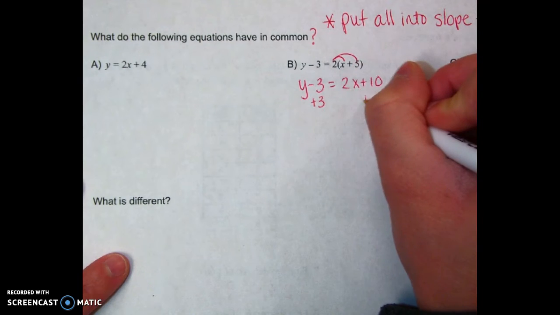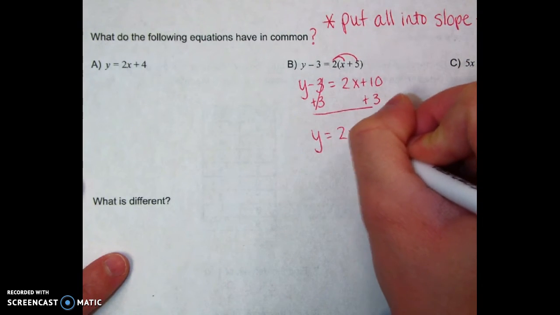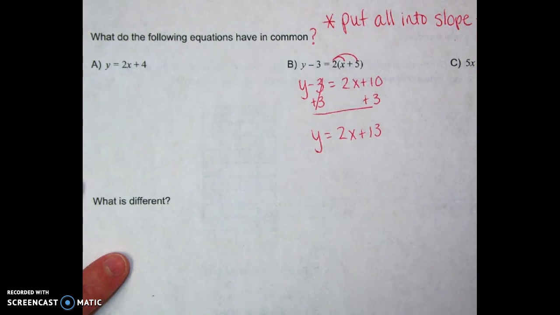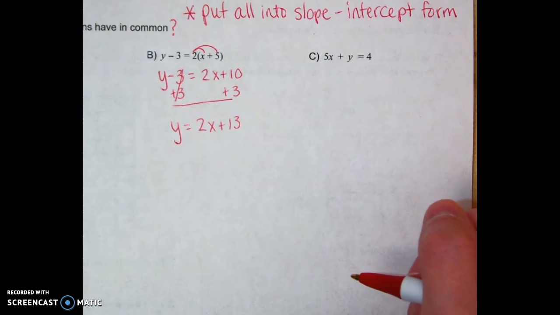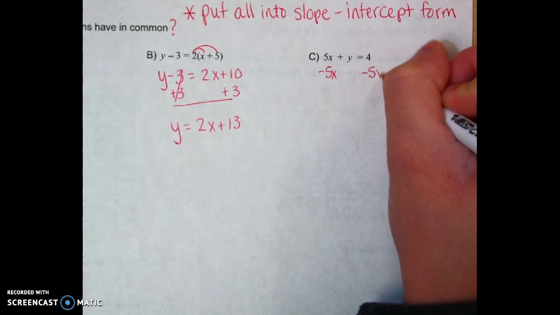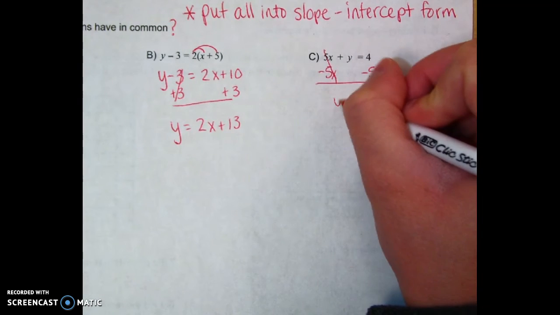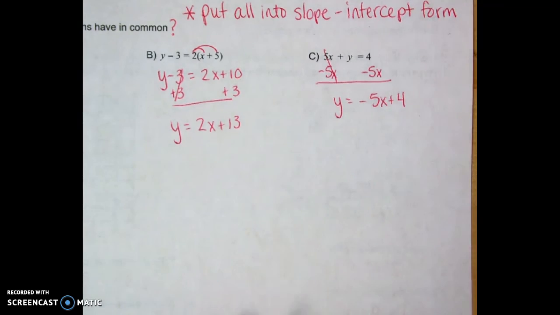Add 3. y equals 2x plus 13. And we've got to change C real quick. This is just one step. Subtract 5x. y equals negative 5x plus 4.